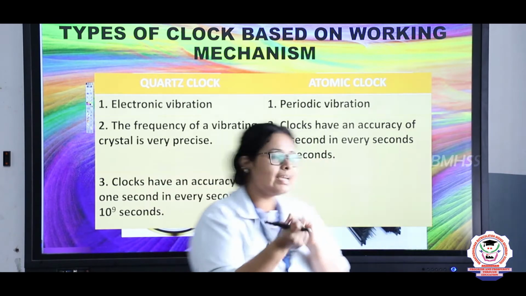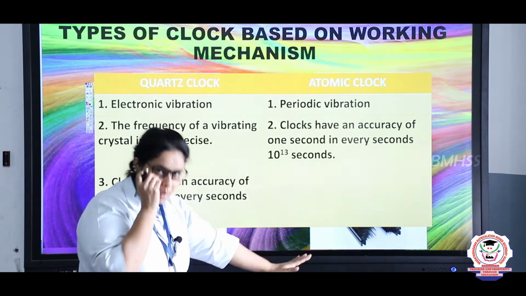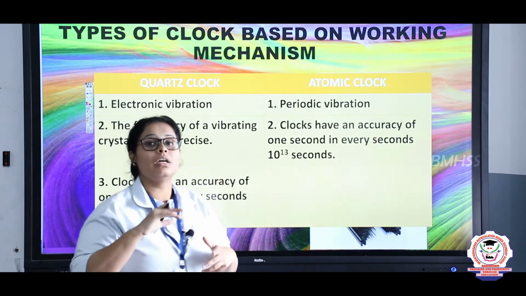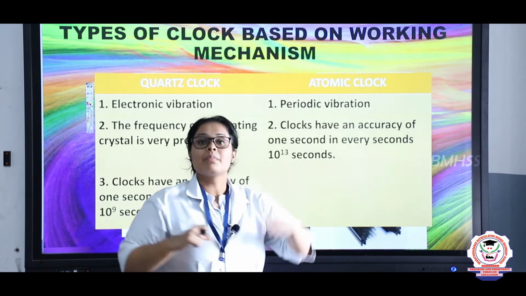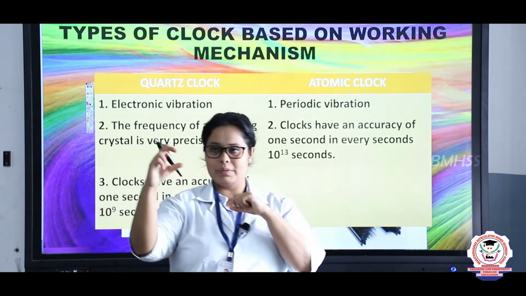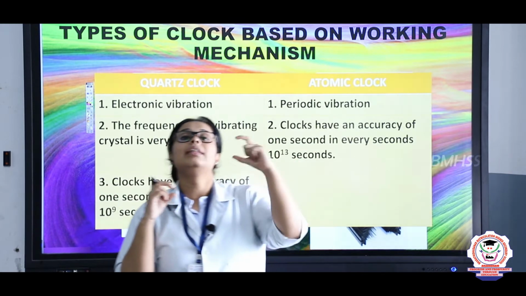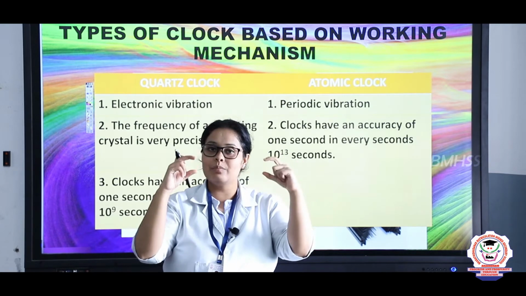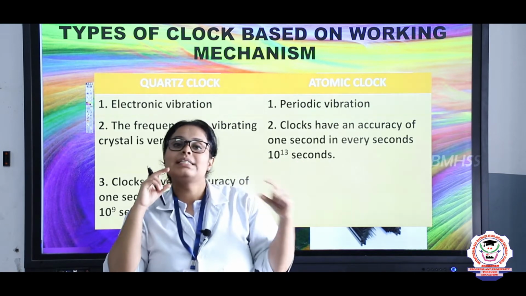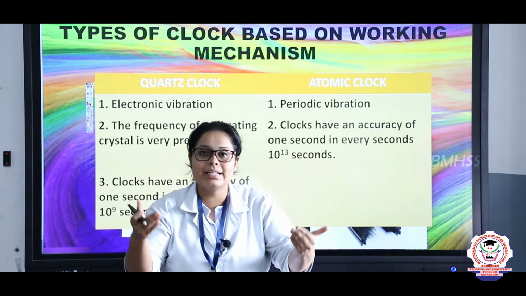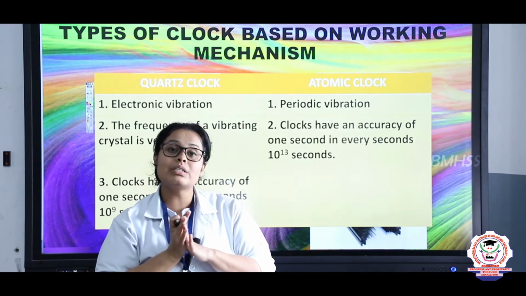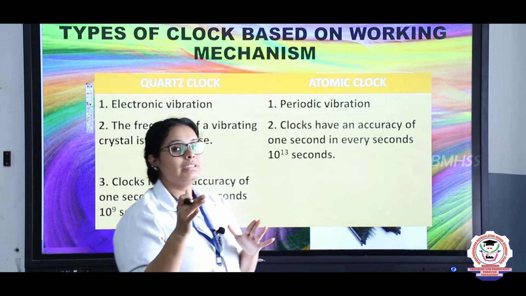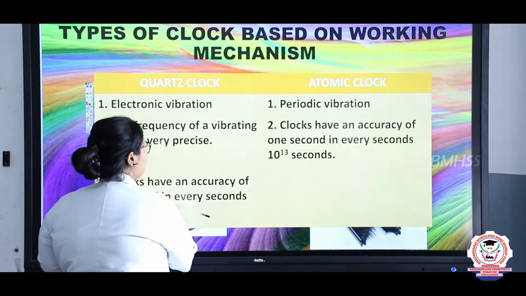In the same way, when you take the atomic clock, the precision, the accuracy, the correctness will increase. You start a normal clock and the atomic clock at the same time. Now, after 10 power 13 seconds, both the clocks will again have the same timing. Here you cannot say that it is not an accurate point, right?